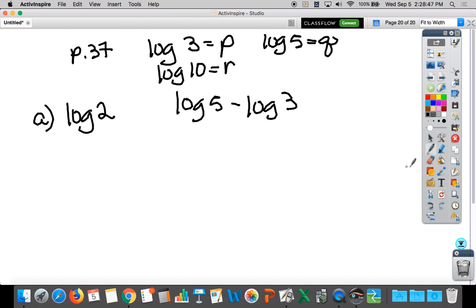This is already expanded. Now, if you had log of 5 minus 3, yeah, that would give me log 2, right? But I can't do that either, because I can't expand a minus right here. I have to be able to expand it.